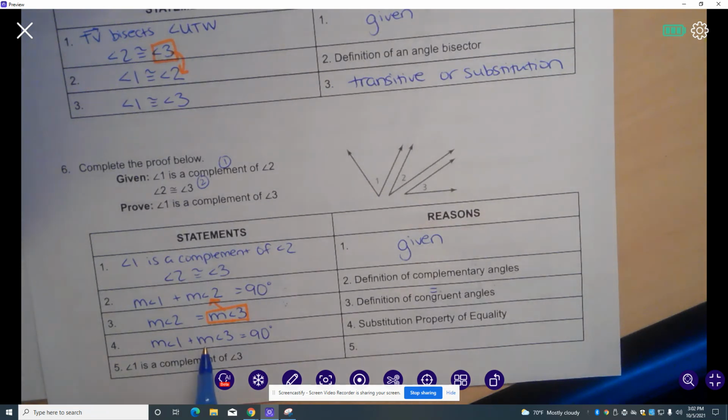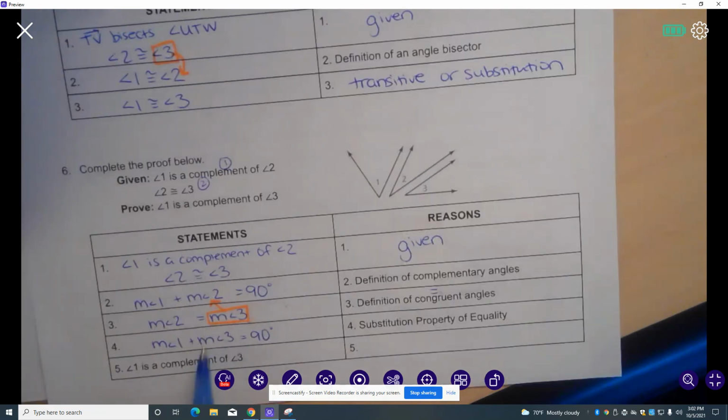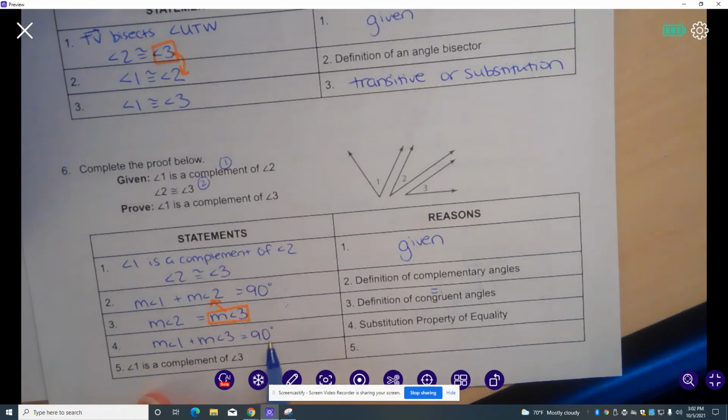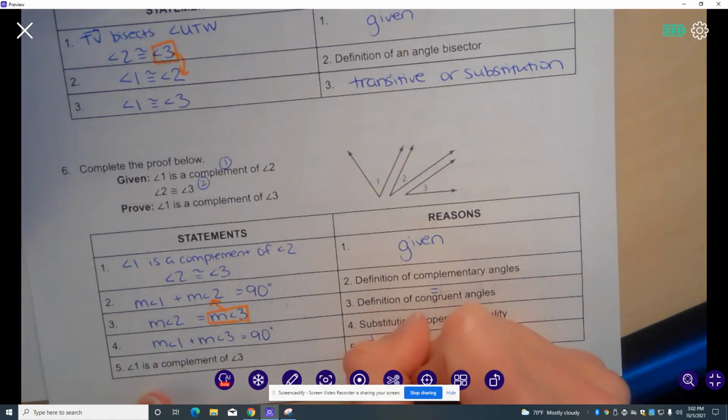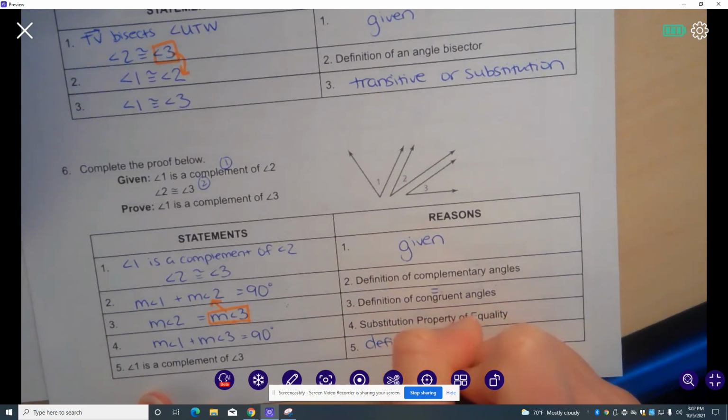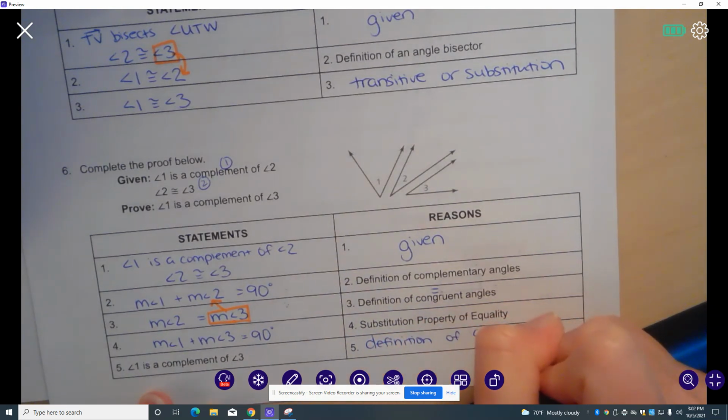I want to show that because I want to show that angle 1 is a complement of angle 3. And so from here to here, I know that angle 1 is a complement of angle 3 by the definition of complementary angles.